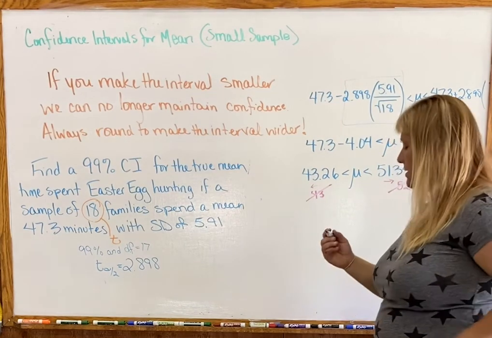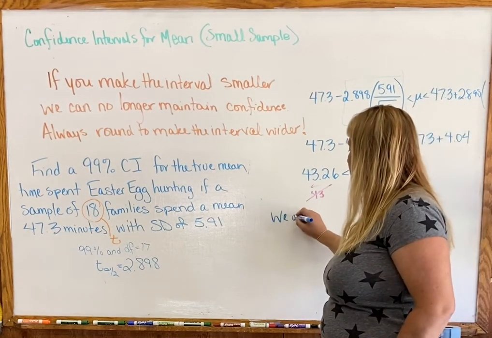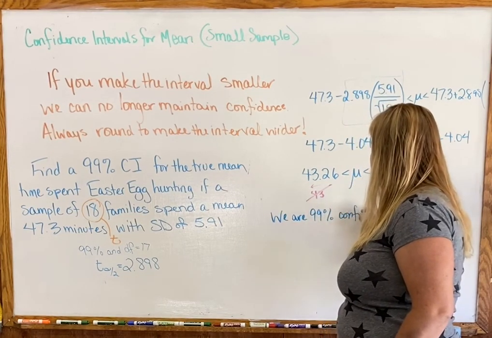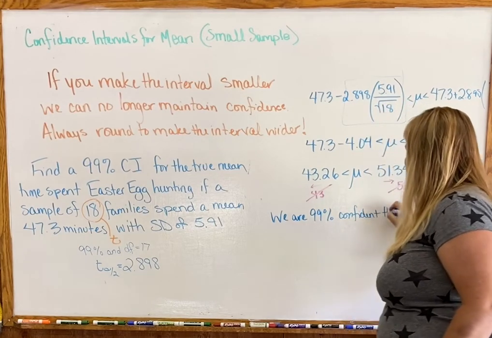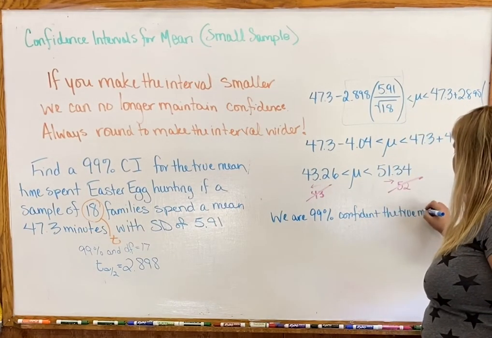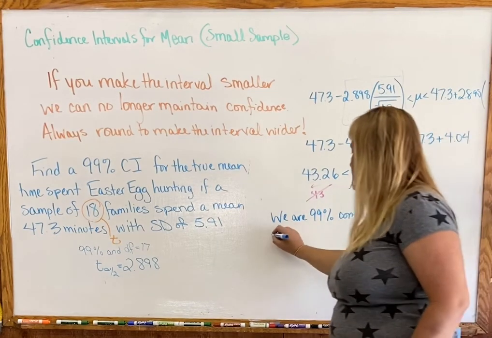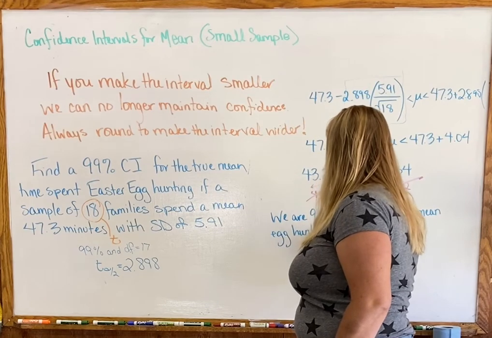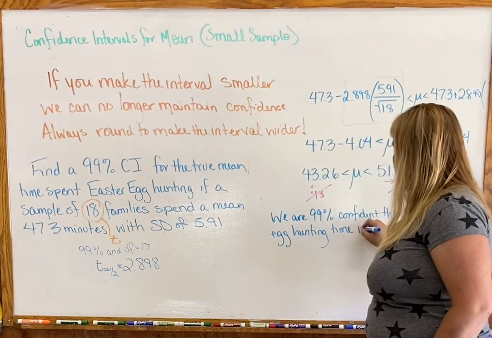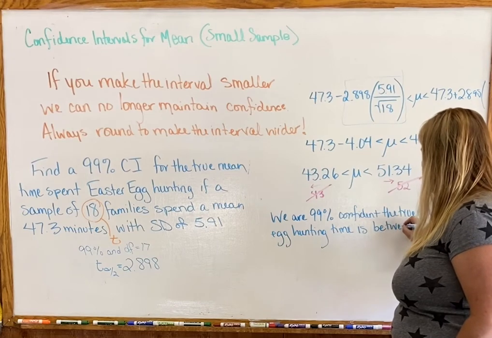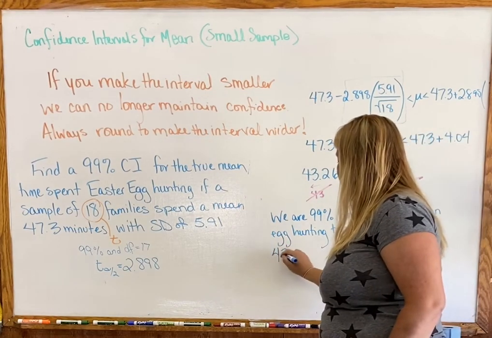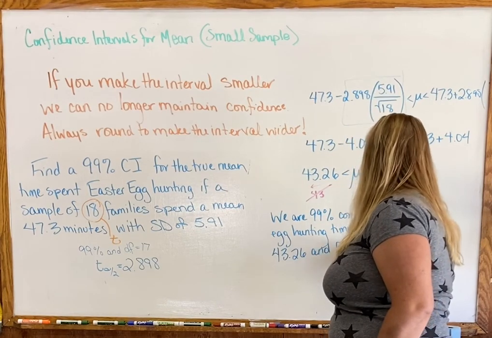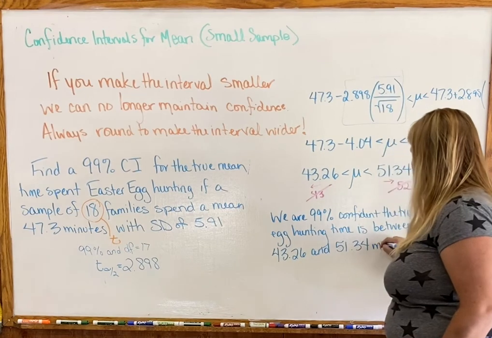So we go ahead and write our sentence. We say we are 99% confident the true mean egg hunting time is between 43.26 and 51.34 minutes.